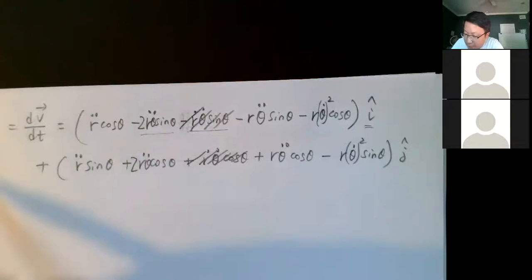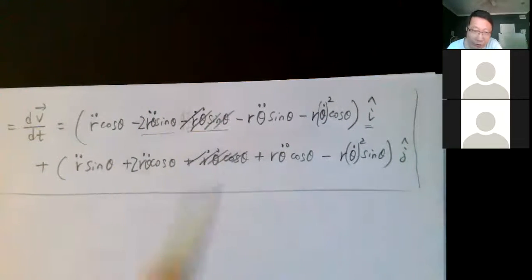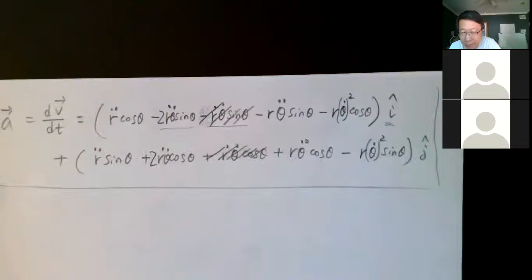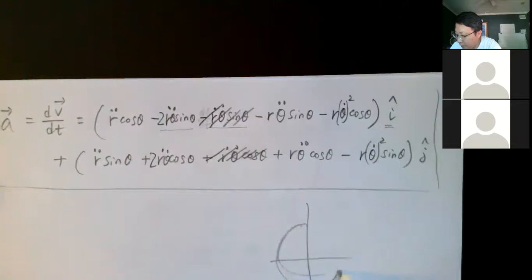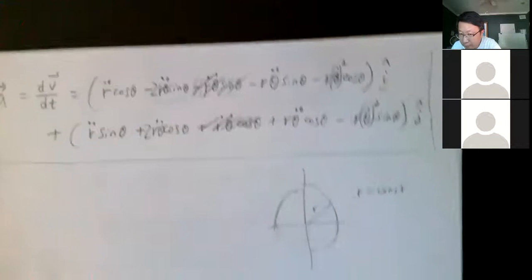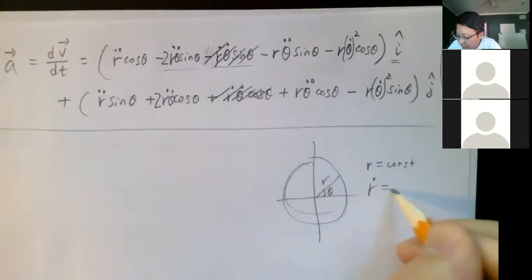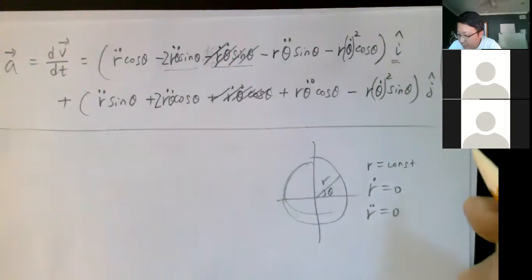So actually, if you really want to look into this, there are many interesting terms here. Once we do a simplified version, which is constant radian motion, r equals constant, the amplitude equals constant, theta changes. So then r dot equals 0. Of course, r dot equals 0, right?